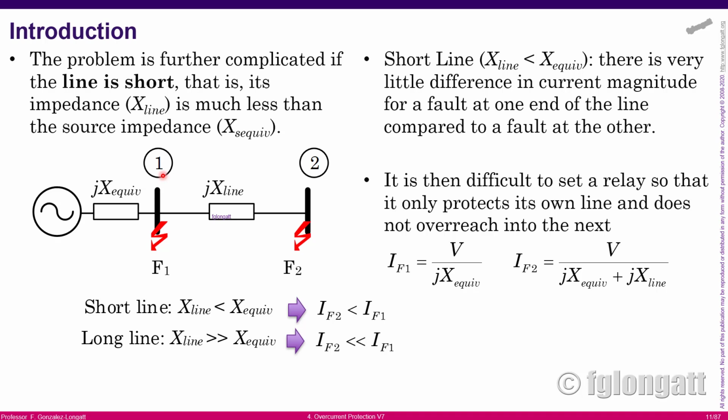At that moment we will say that it is a long line. What I want you to understand is that, depending on the inductive reactance of this series line, you can have cases where the short circuit difference between two bus bars is extremely big, or the difference is very small.